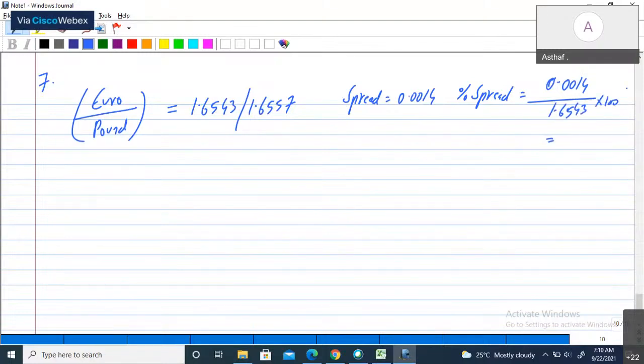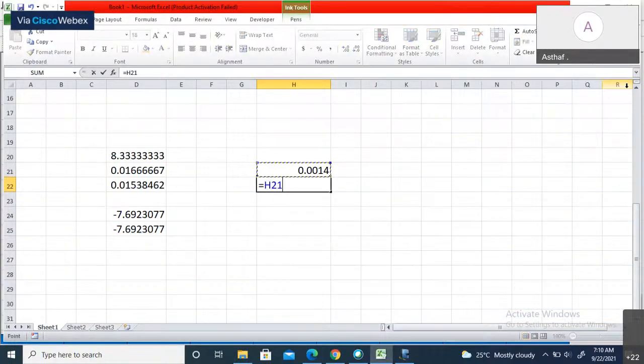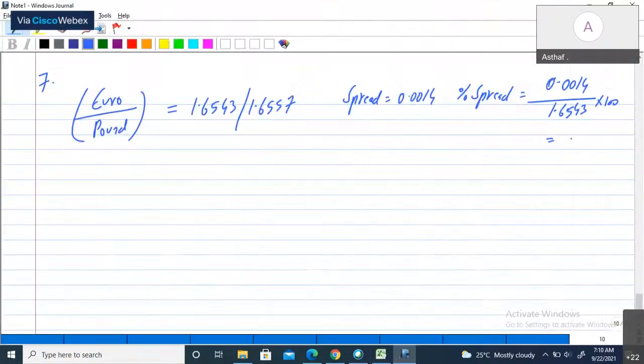The difference we got, you have to divide by 1.6543 into 100. This will be 0.0846%. Already a lot of friends have given it in the chat box. Hope all of you are clear.